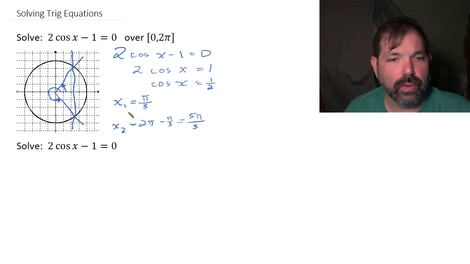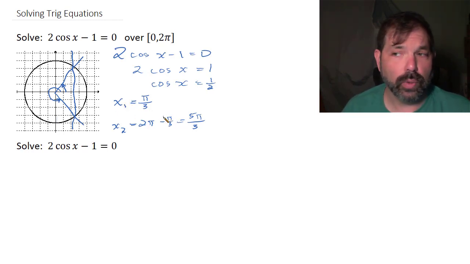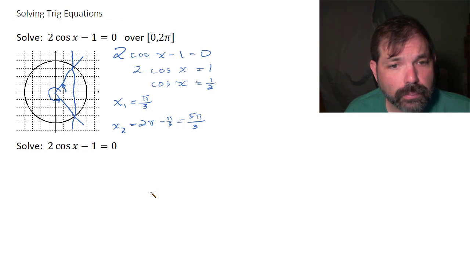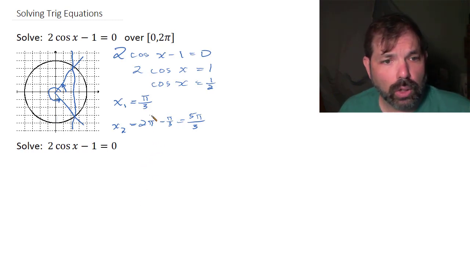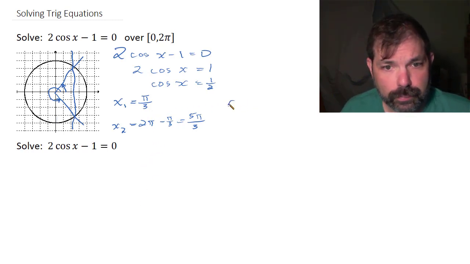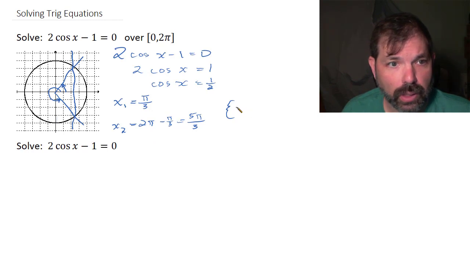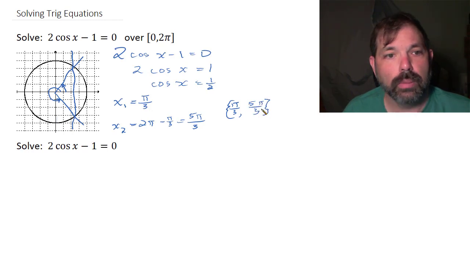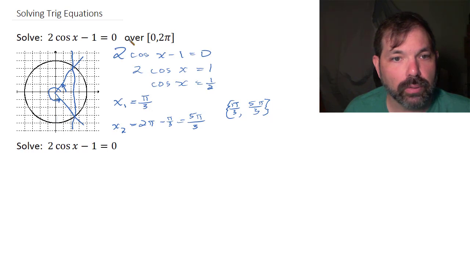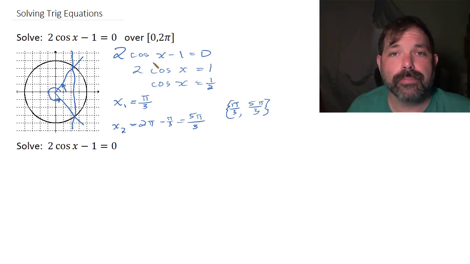This has been on each of our first 3 tests. I've asked you an exercise like this. So our two solutions for this exercise are pi over 3 and 5 pi over 3, because we were given a specific interval to look at, 0 to 2 pi.